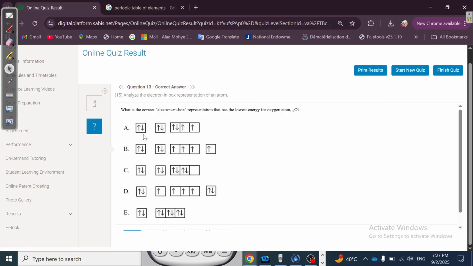What is the correct electron in the box representation that has the lowest energy for the oxygen atom? This question is in the course revision. Critical. Expected to be in the exam tomorrow. So oxygen: 1s2, 2s2, these are 4, and 2p, how much? 4. Drawing the boxes.